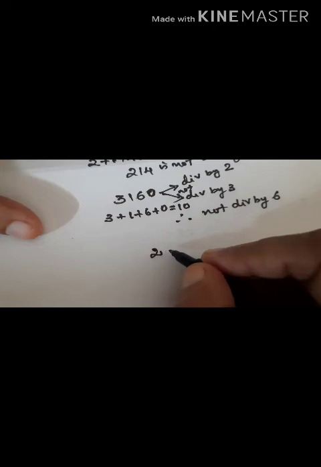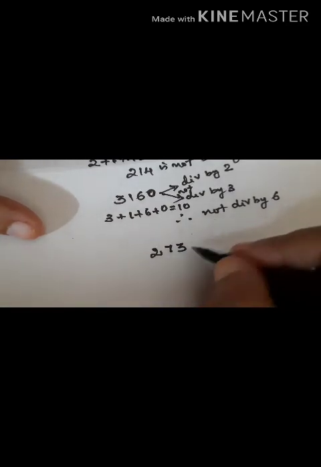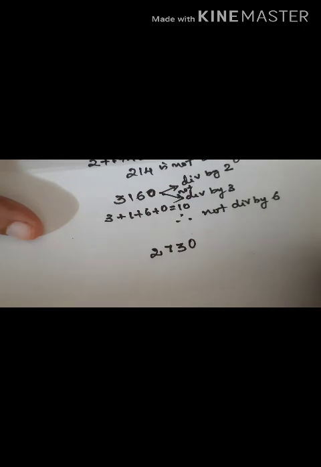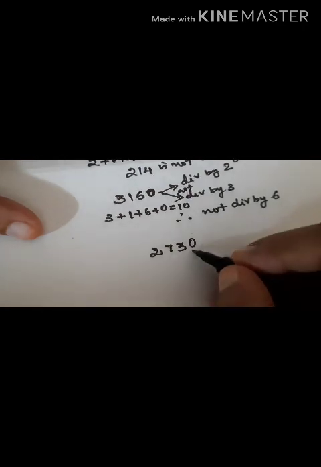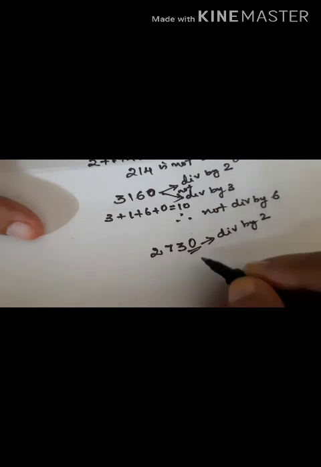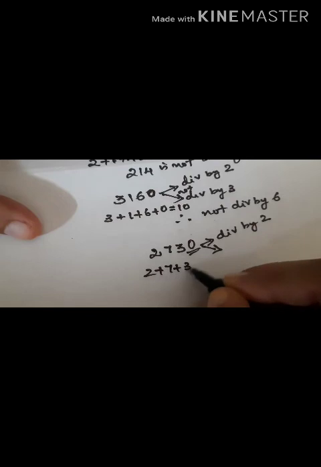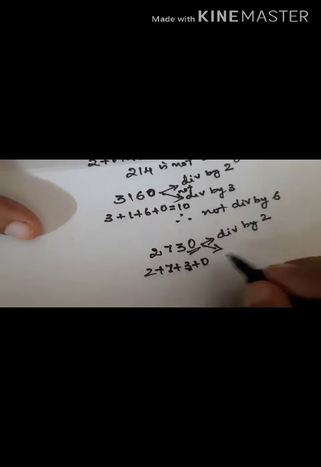2, 7, 3, 0. So again its last number is 0, so it is divisible by 2. Now check the divisibility of 3. 2 plus 7 plus 3 plus 0. 2 plus 7, 9, 9 plus 3, 12, 12 plus 0, 12 itself.